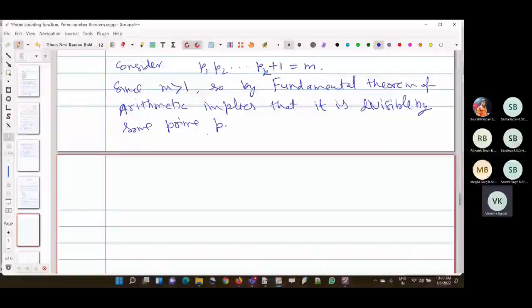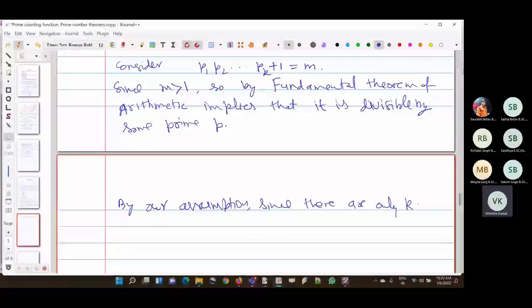So here we have some prime p which divides M. So by our assumption, since there are only k primes, we have assumed that there are only a finite number of primes, namely p1, p2 up to pk.